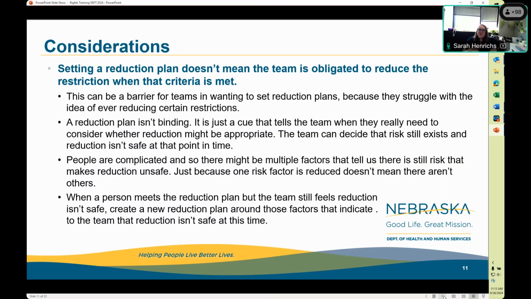Reduction plans aren't binding. It is just a cue that the team needs to have a conversation about whether you feel it is safe to make a reduction at that time. And it needs to be a meaningful conversation, because sometimes you need to maybe hold folks' feet to the fire.